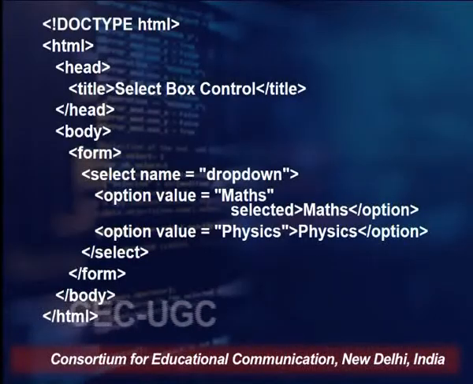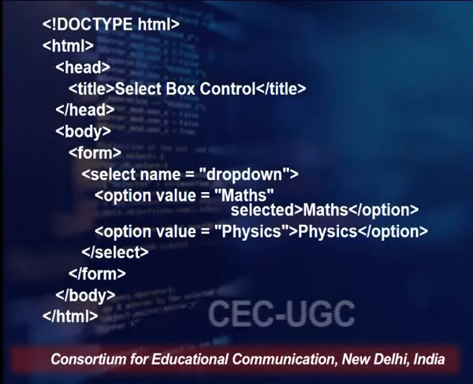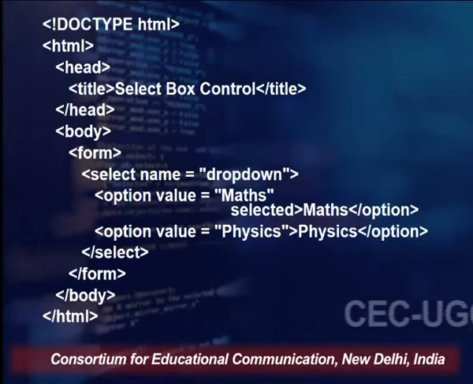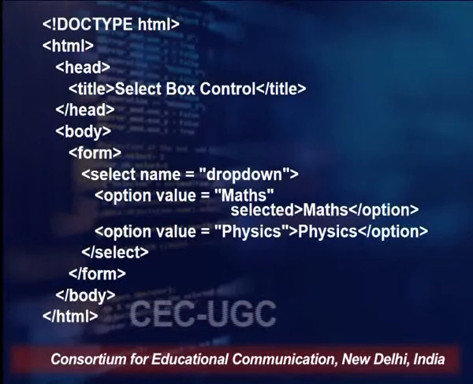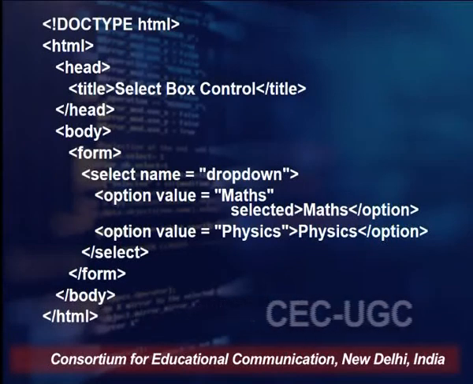The value of this option is physics and the caption is also physics, then option closed. Here we can have option value equal to physics, subject 2, and then option closed. When subject 2 is chosen by the user, the value registered at the server end will be physics.